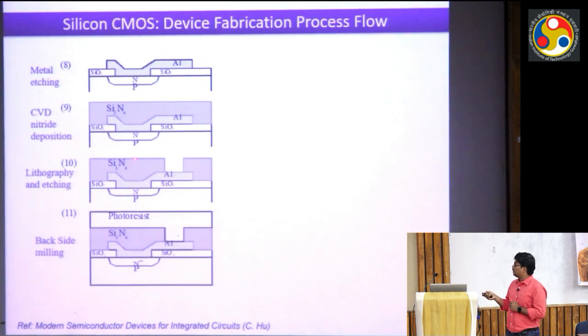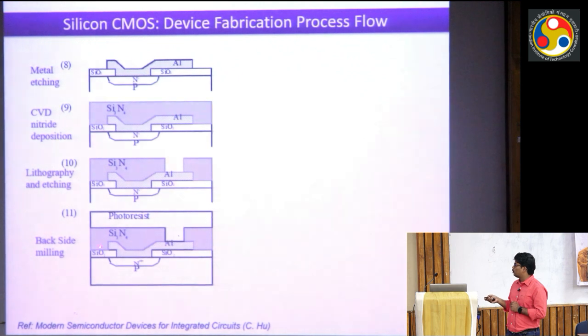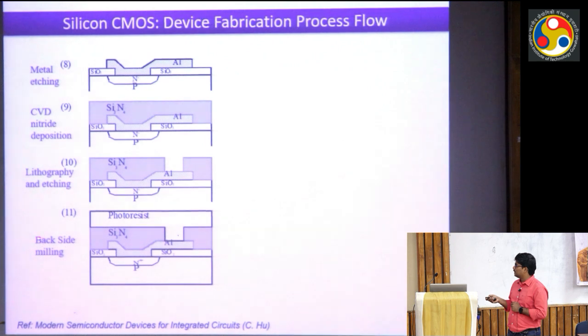Then after again doing lithography and etching, we'll open another window within this silicon nitride, and then we'll do photoresist deposition, just to protect this front side of our device, and we'll do the back side milling. So back side milling means this side we'll try to etch out, so this side will mill.